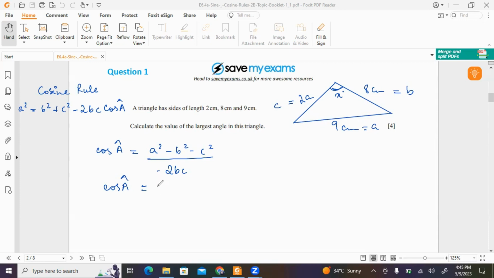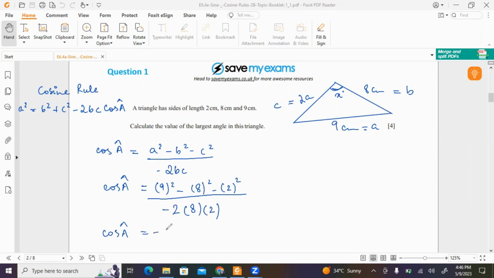So that is going to be 9 squared minus 8 squared minus 2 squared over negative 2 times 8 times 2. Plug this into the calculator to find the value of this fraction. That's going to be 81 minus 64 minus 4, divided by negative 32.